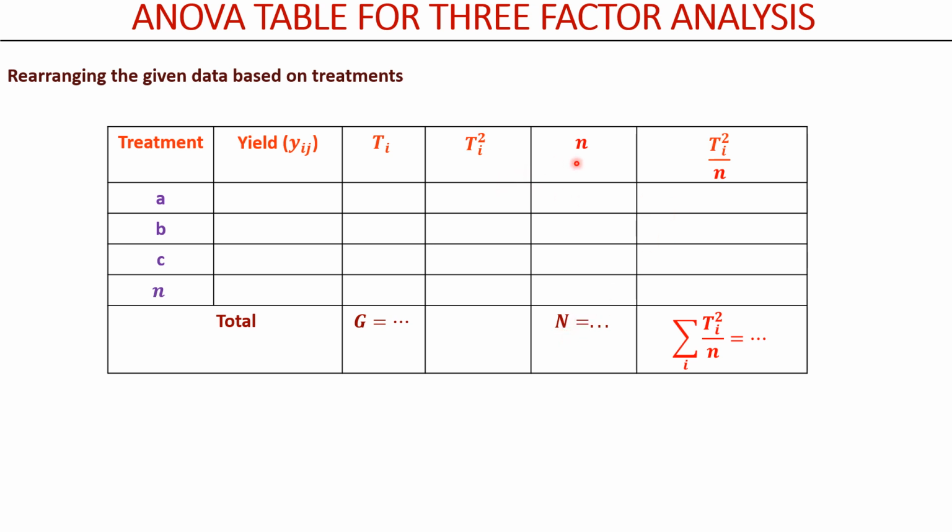Finally, when I divide Ti square by n, I get the mean yield based on the treatments as sigma Ti square divided by n. So sigma Ri square by n, as we got in the two-way table, represents the mean yield between rows. Sigma Ci square by n gives the mean yield between columns. And sigma Ti square by n is the mean yield based on the treatments.